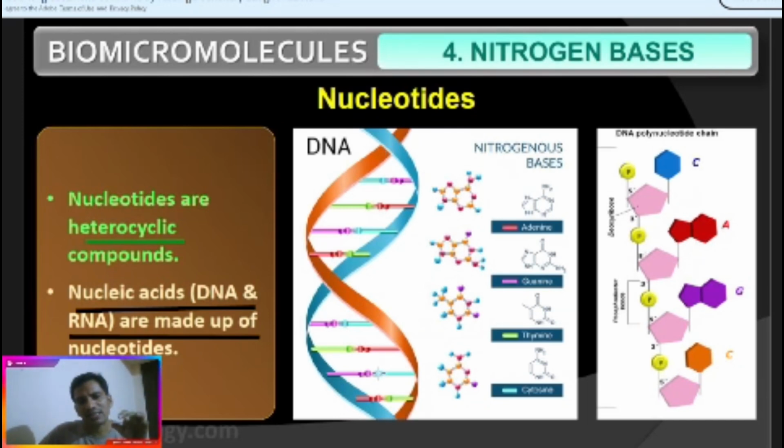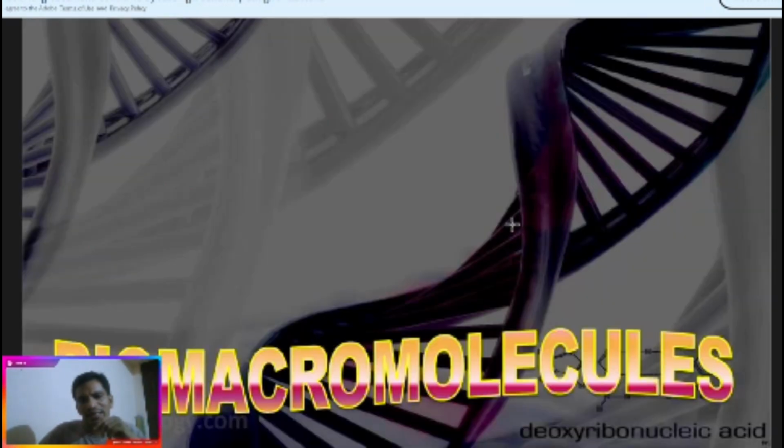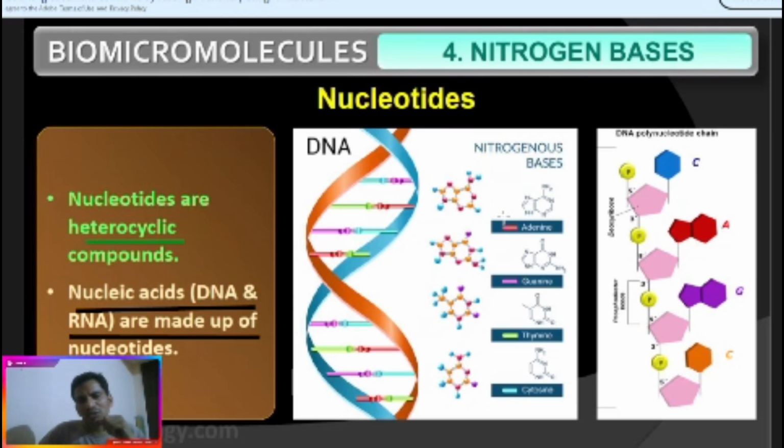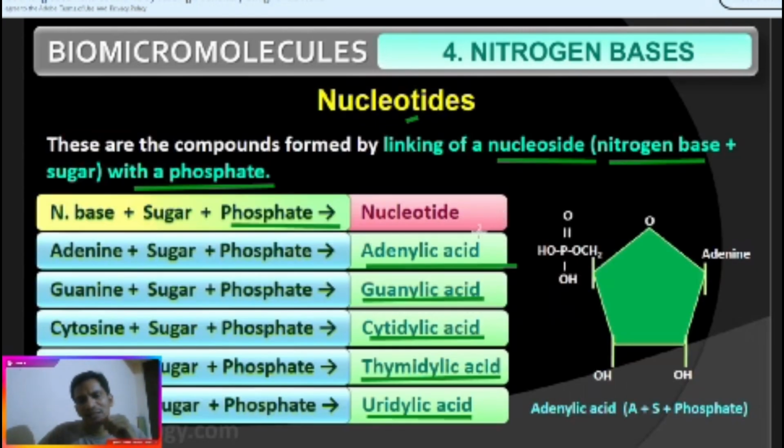This is the double helical structure of DNA, and they have given the DNA polynucleotide chain. Here sugars are there, with adenine, guanine and CUT bases. These are the nitrogen bases and phosphate group. That's a nucleotide, right? That's about the nitrogen bases and sugars. Thank you for watching.